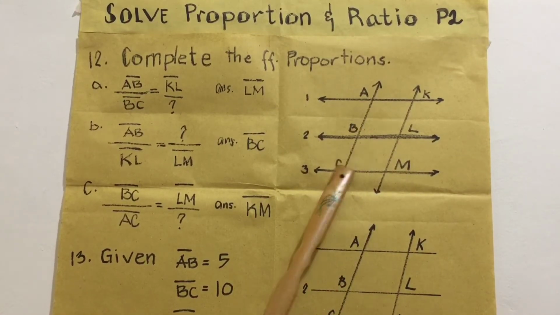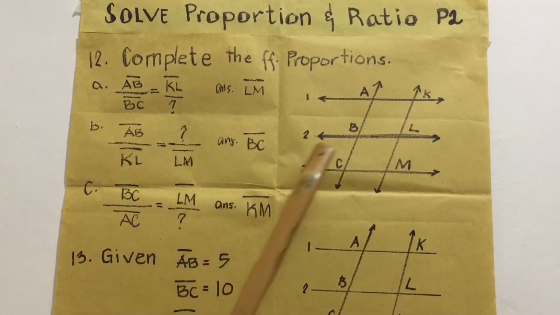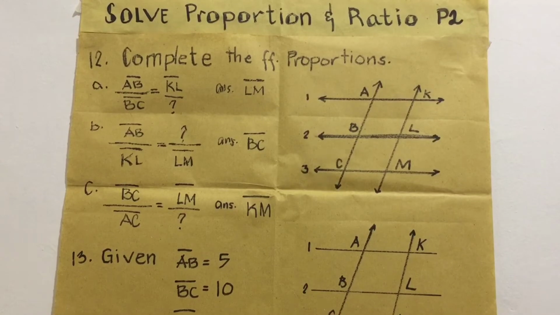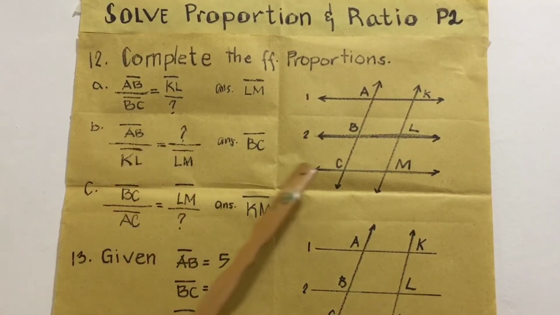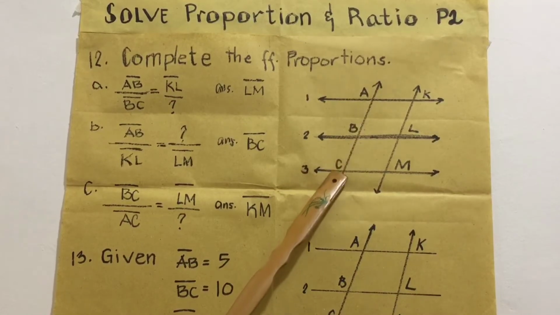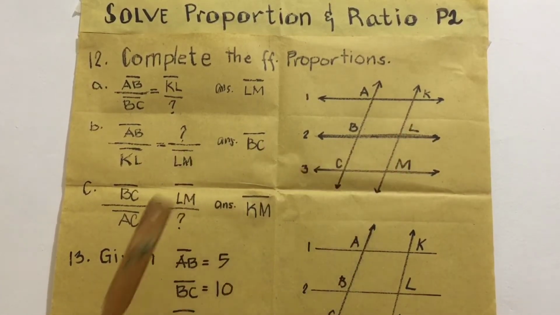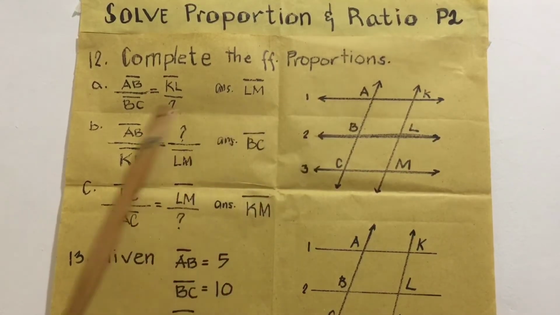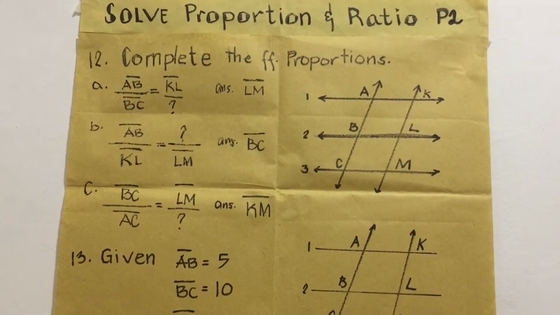So this is the missing, LM over BC. Or again, if we have AB equals BC and KL equals LM, so AB equals BC. So the answer now is segment BC.